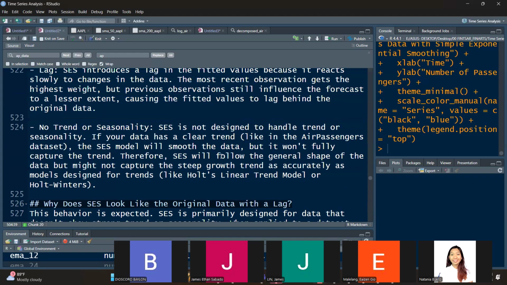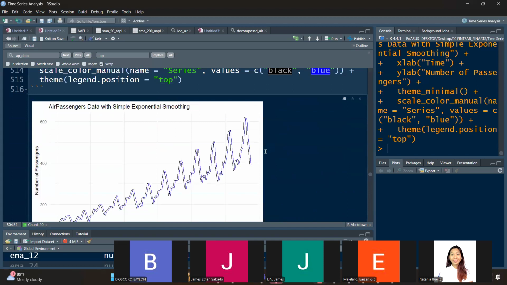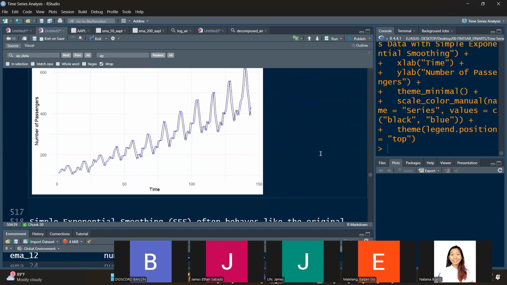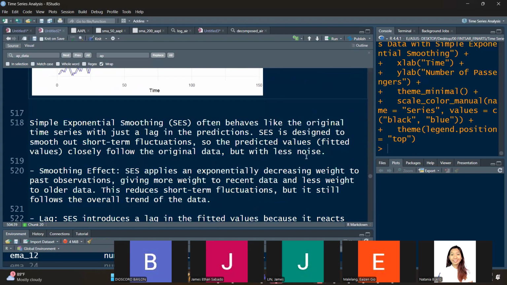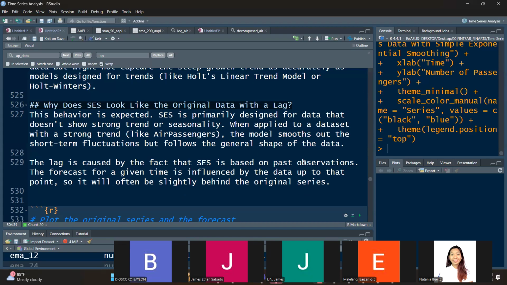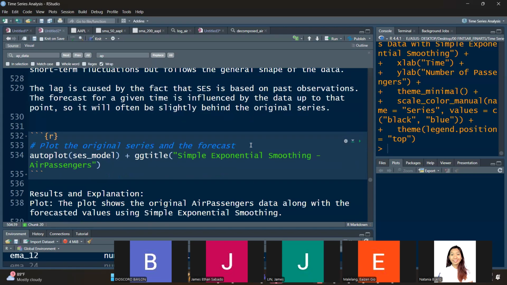In our case, the airline passengers, although it has a trend and seasonality, I think because there are fewer observations, only 144, maybe if this were extended over a long period, it would show the weakness of SES. I regret having used air passengers. I should have used a longer time frame.